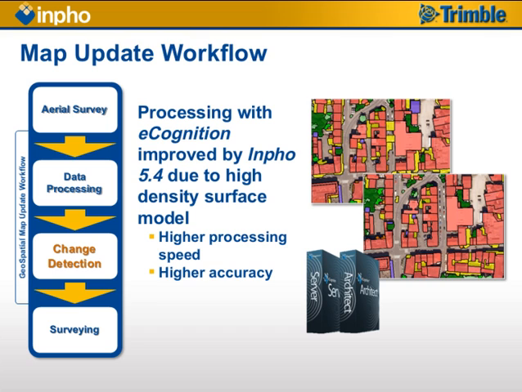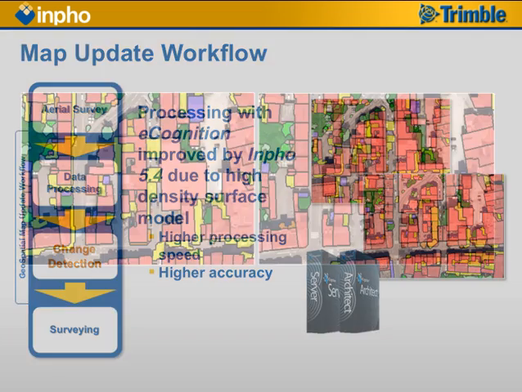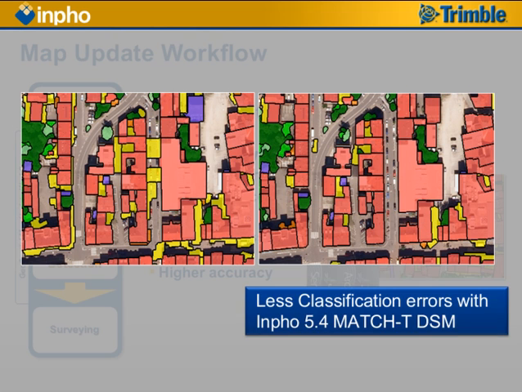Again, looking at that a little bit more closely, on the left side you see the result with the DSM that came from the 5.3 version. For example, on the streets, you see in yellow a lot of buildings or detected changes, so it seems as if there would be a new building, which is of course a misclassification.